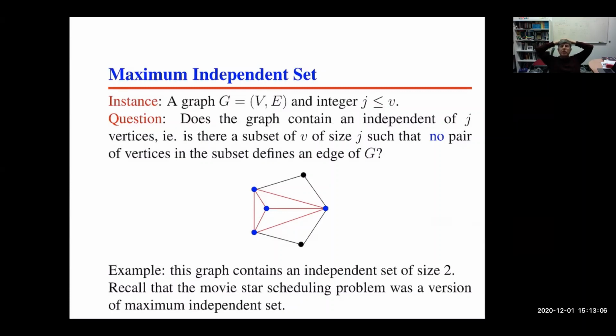Maximum independent set is a generalization of that, where for a bunch of different jobs, you have n jobs, and for certain pairs of jobs, you can't take both. Maybe there's a conflict of interest if you work for these guys. Or maybe they're at the same time. Maybe there's some other reason why you can't do both.